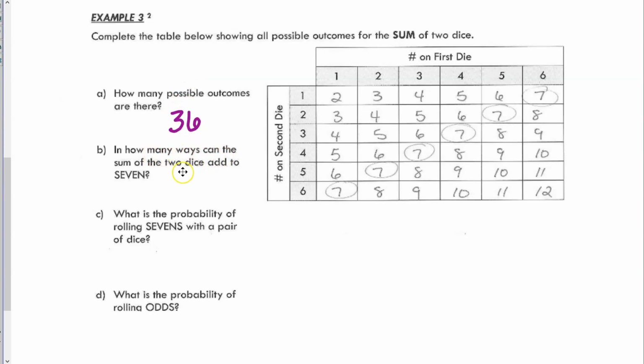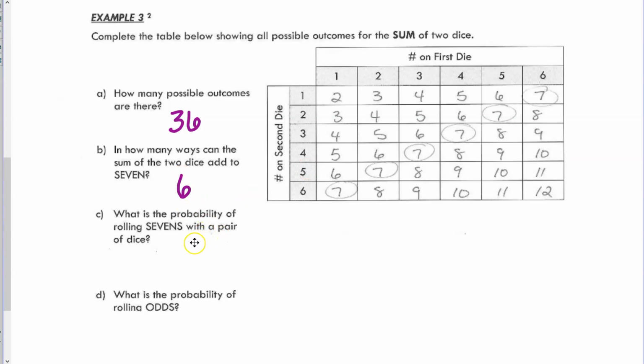In how many ways can the sum of 7 on the 2 dice be rolled? 7 is the most common because there are many ways to get to 7 with these numbers, right? 1 and 6, 2 and 5, 3 and 4, 4 and 3, 5 and 2, 6 and 1. So there are 6 ways to do that.